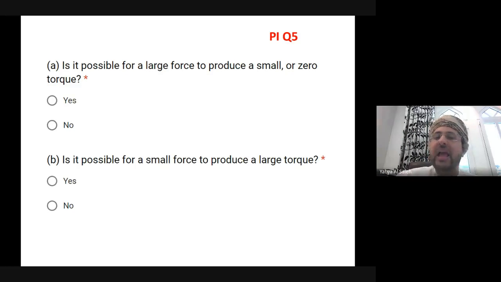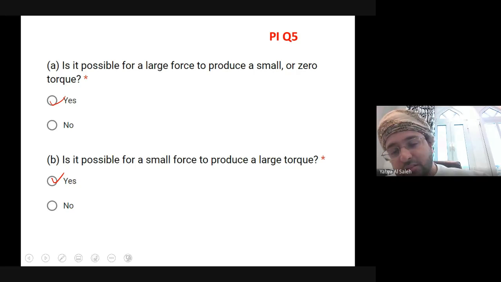Okay, B, is it possible for a small force to produce a large torque? And the answer is again, yes, but there is only one way for it to happen.